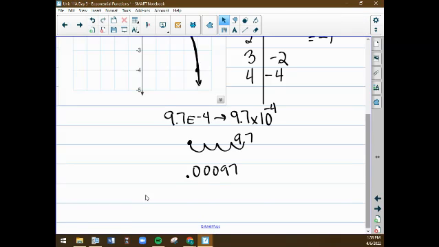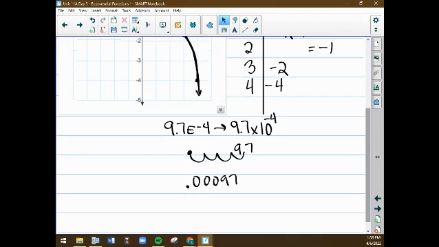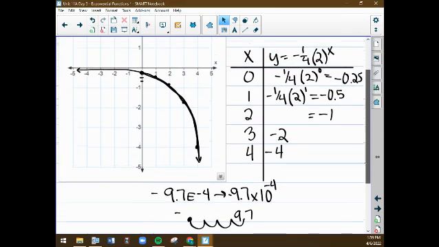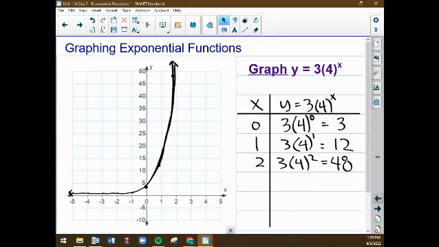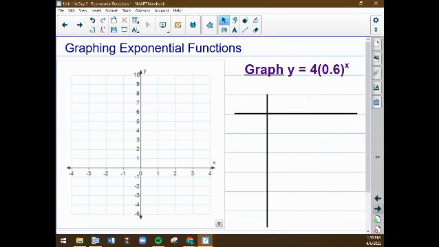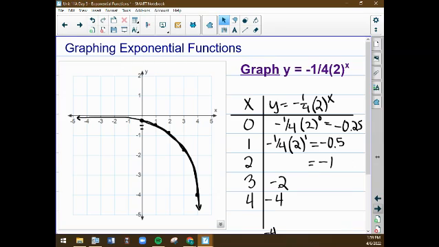That's how scientific notation works. That's a small number. I think that was supposed to be negative. And it's still not over 0. So that's my 2 examples of exponential functions. You just need to be plugging in values to get an idea of what it's going to look like. Then you can use your calculator to plug in some more values to see where it's going to keep getting closer and closer to, but never touching.